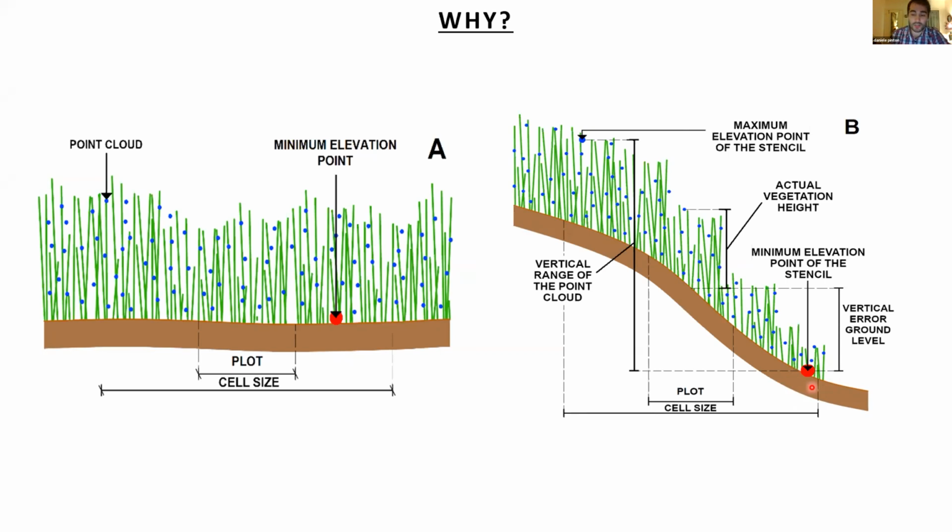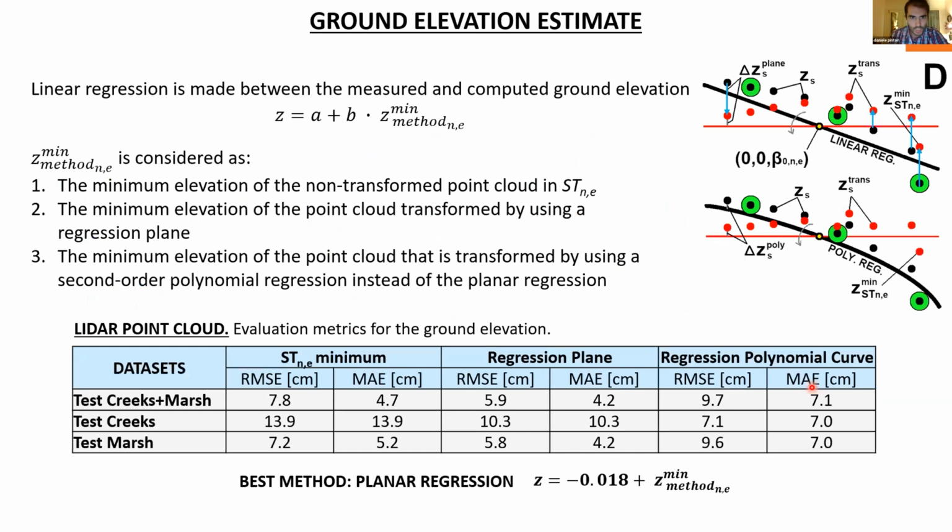So we basically maintain the effect of the penetration of the LiDAR in the vegetation. So the first step was, like I said before; the second step was to calculate the elevation using these points.